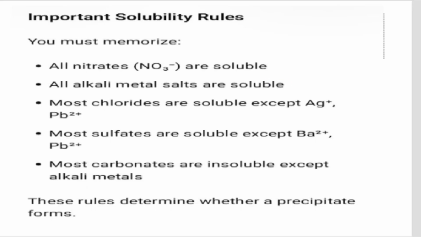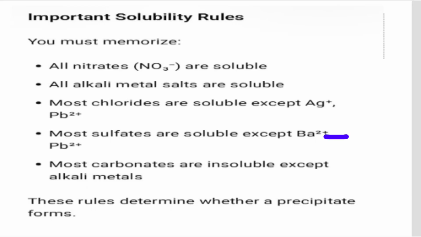Even barium is treated as an alkali metal, but barium sulfate is insoluble because of the sulfate, since most sulfates are soluble except barium and lead. So whenever you see barium sulfate, or lead sulfate, it is insoluble. All sulfates are soluble except barium and lead.